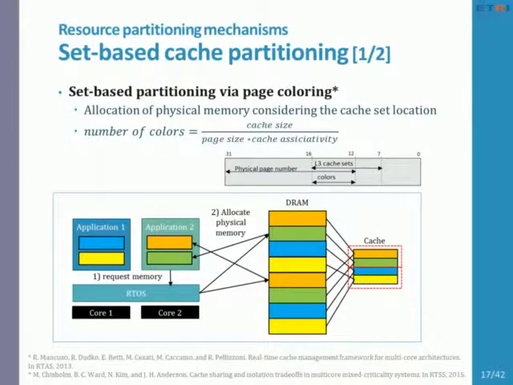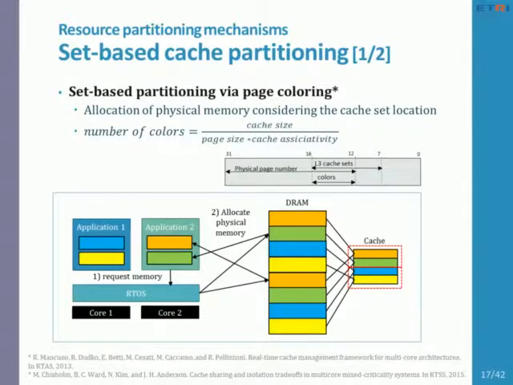The operating system can control the physical page number. It means that if we change the physical page number, we can control the location in the hardware cache. So we call these intersecting bits the page color.